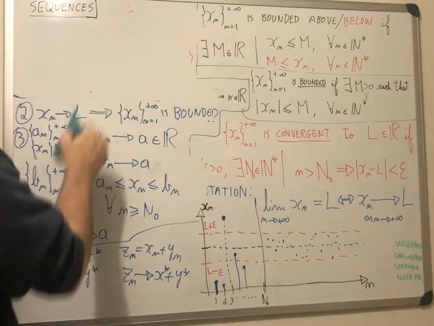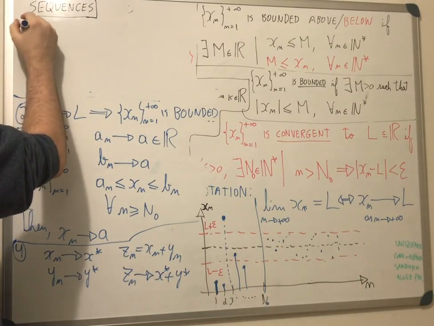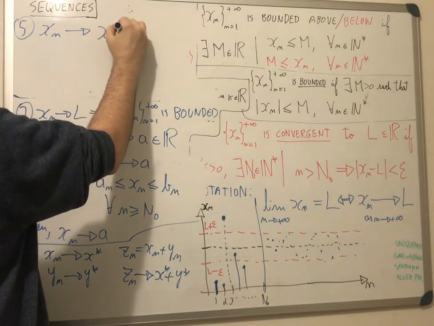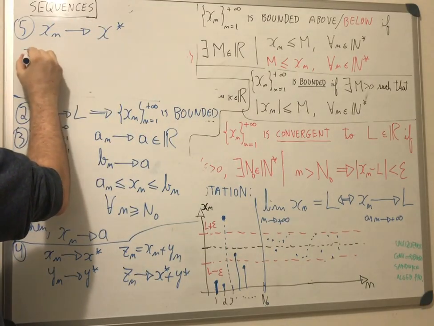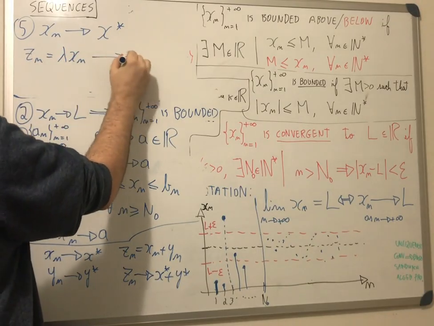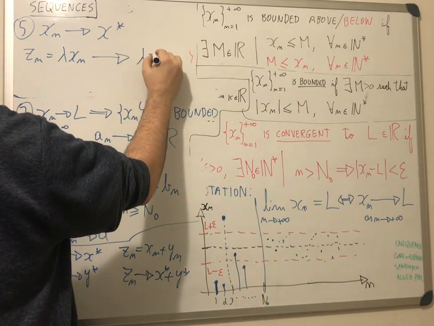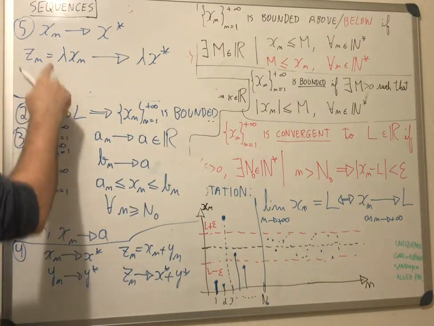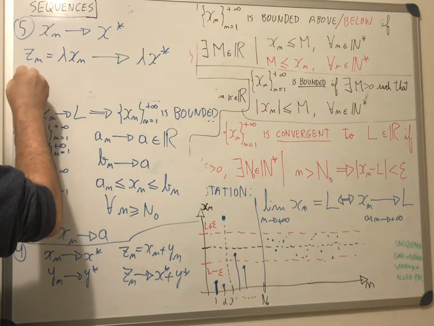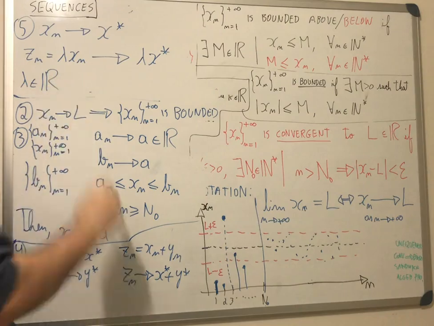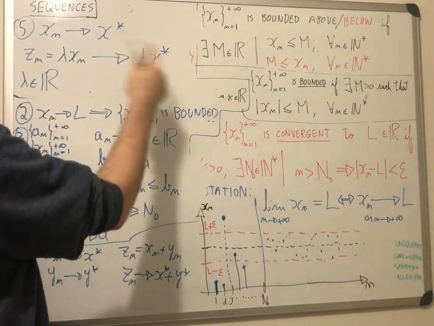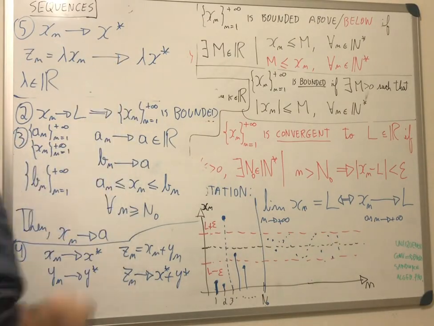What else? Suppose that xn converges to x star, so the sequence zeta n equals lambda xn converges to lambda x star. So if you multiply all members of a convergent sequence by a real number lambda, any real number, then the limit of the new sequence is going to be the real number multiplied by the limit of the old sequence.